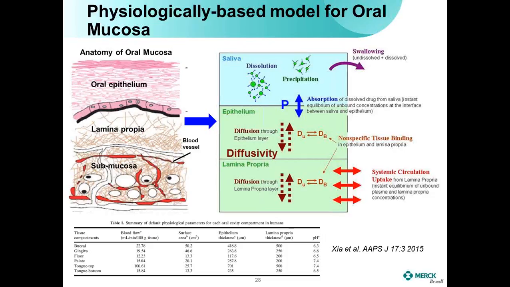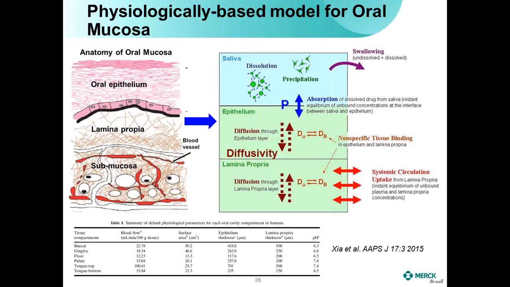The lamina propria is well perfused by blood vessels, so there will be systemic circulation uptake of the drug molecules. We also have to consider the non-specific binding of drug in tissues.